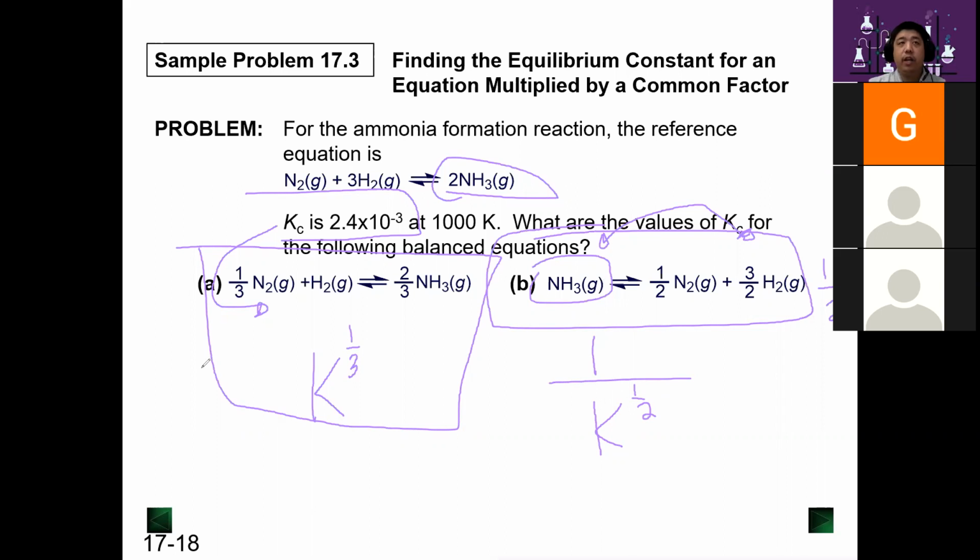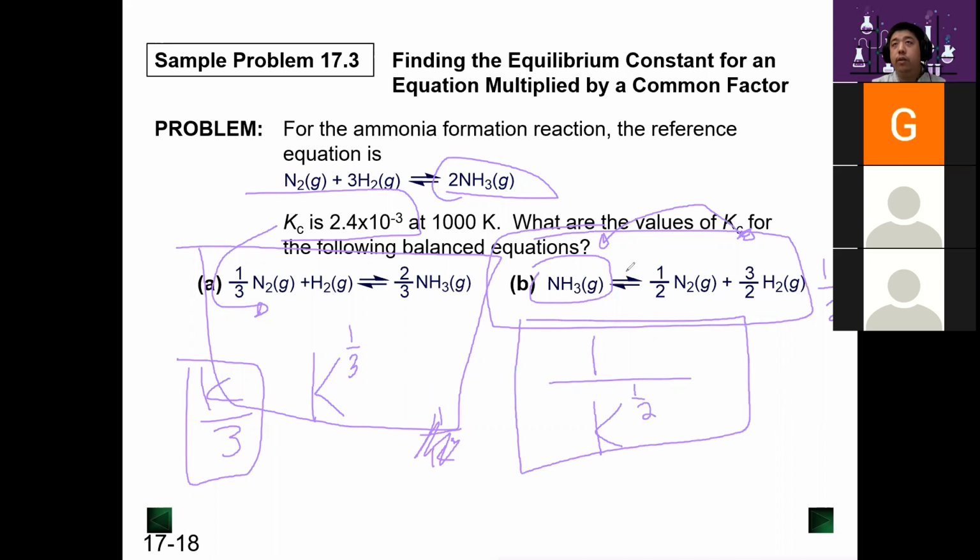If you did k divided by 3 like this, it would not make sense, if we're referring to this one right here. 1/3 power is essentially the same as the cube root. So the reason why we put this one as 1/ is because this is flipped. So the reciprocal is 1/k.